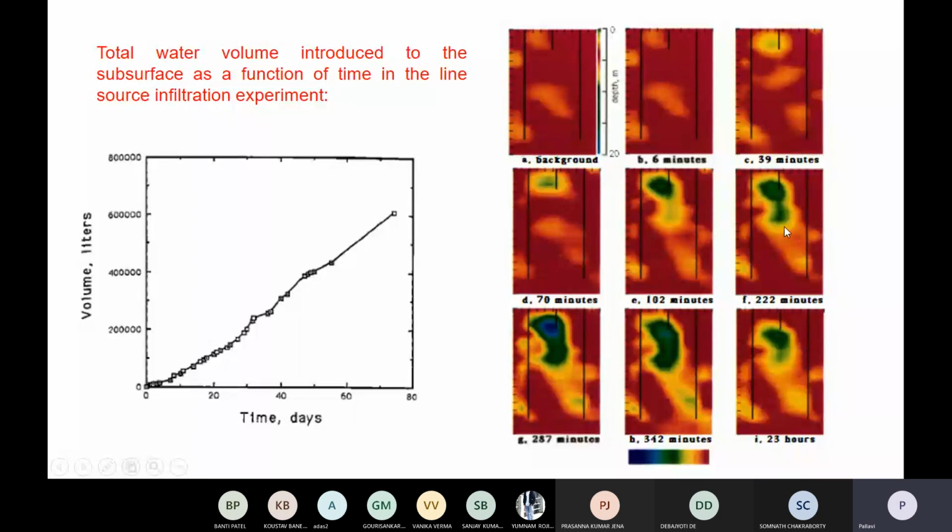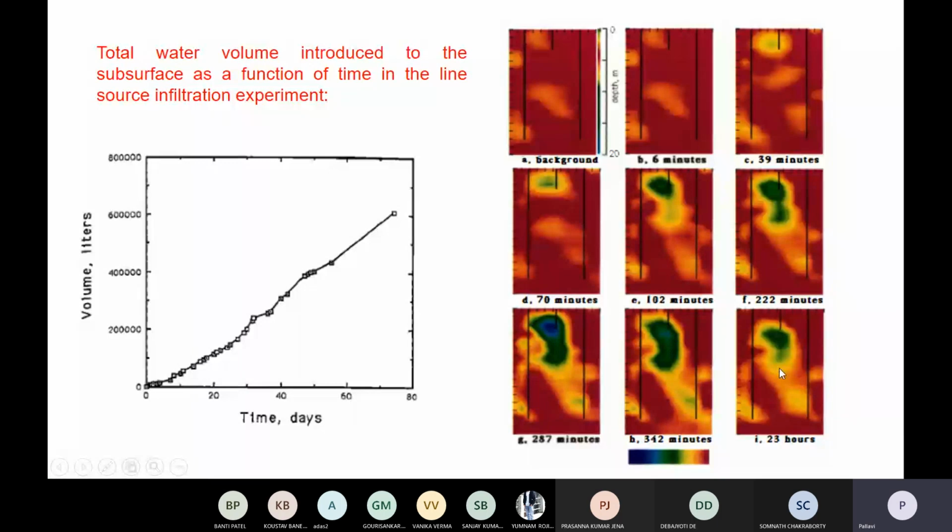They found that the saturation zone is increasing. Here blue color shows that a very good amount of water is present, and slowly it's moving down and down.